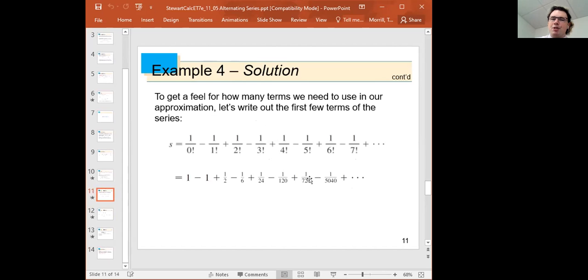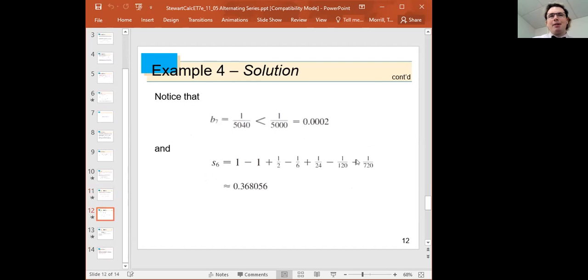So stopping at 1 over 720 means that my error will be less than 1 over 5040. But 1 over 5040 is less than 0.0002. So if I stop at S6, this is telling me that my error will be in the 10,000s place, which tells me that the first 3 digits are correct.